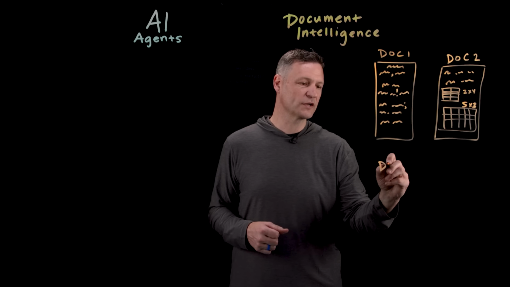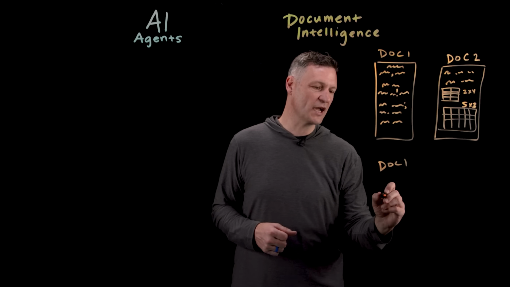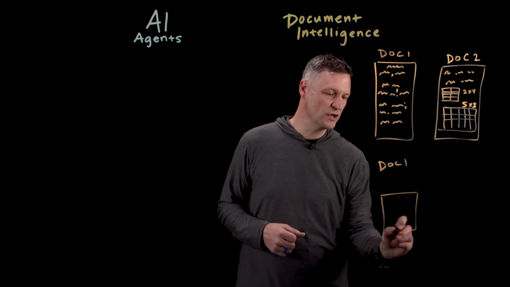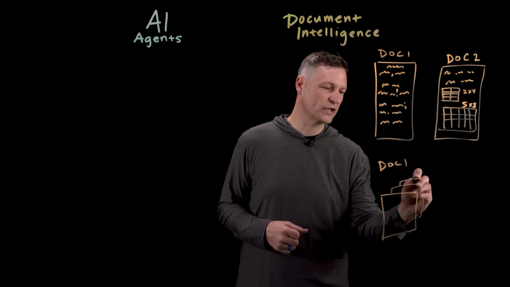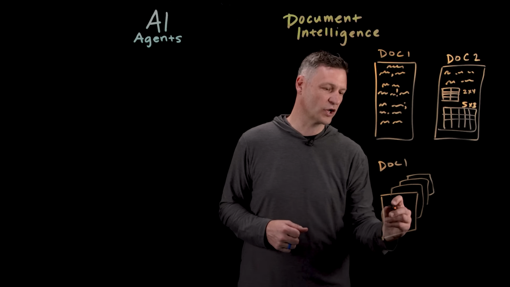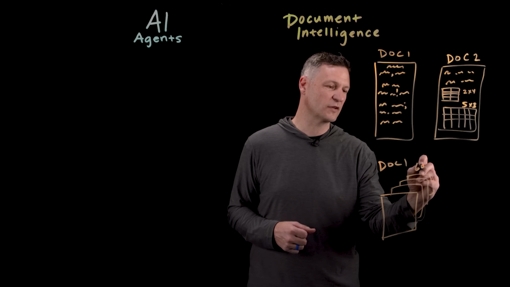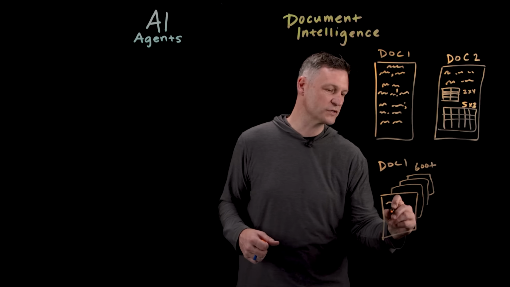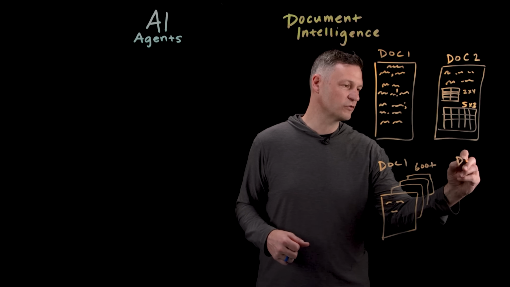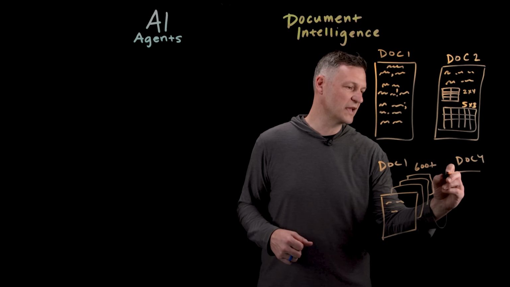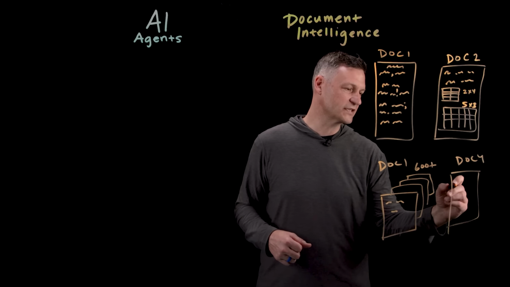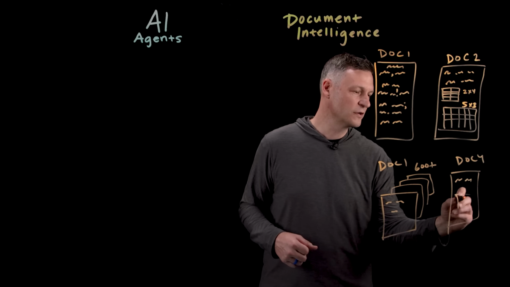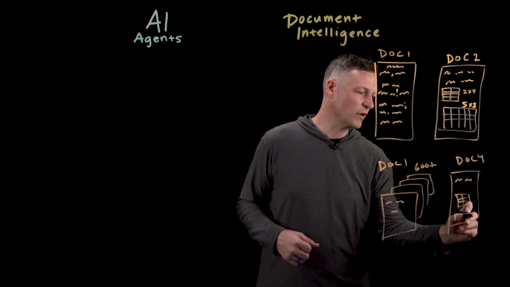But another thing that we're going to see is some documents are short, and some documents can get very long, can get long and quite complicated, right? So we can get documents that are 600 pages plus. Word counts really start to take off on us. And then over here, document four may be an example of something like document two, where we've got words in tables everywhere.